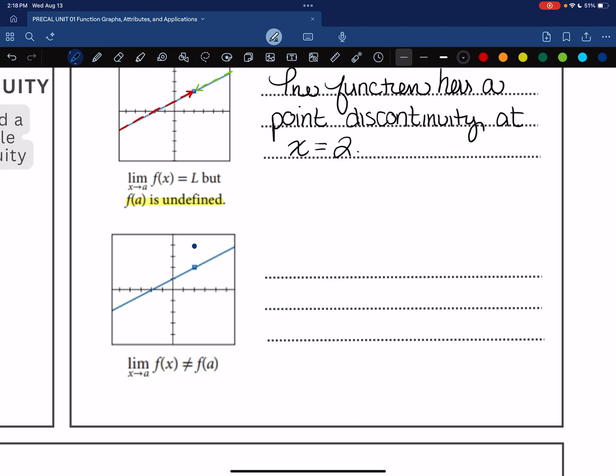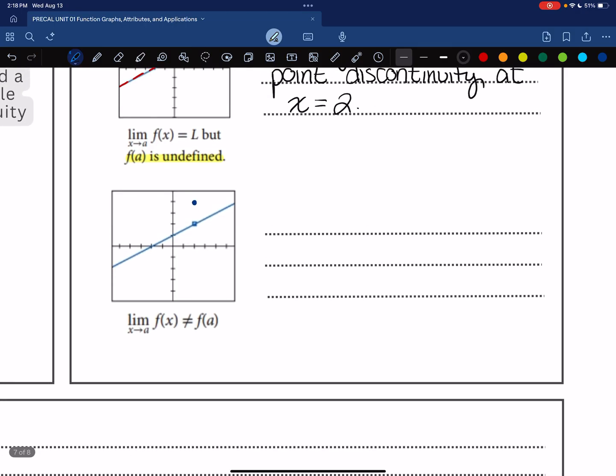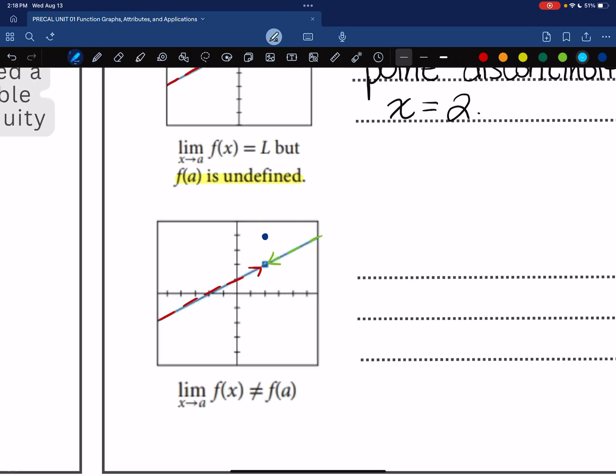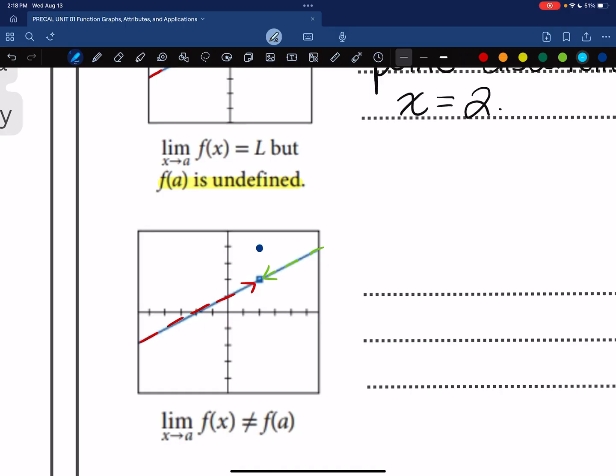There is a hole. And lastly, you could have a point discontinuity that looks like this final graph. Although the limits both approach the same value, the limit from the left and the limit from the right, and my function is defined at that point, that right there is my f of a, and it is not equaling the same thing as my limits.